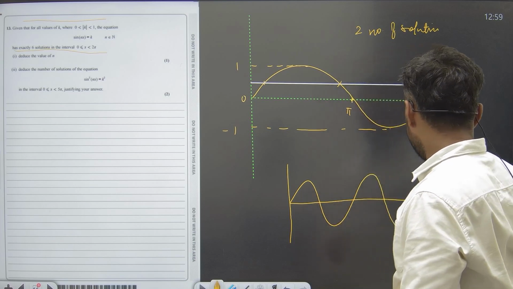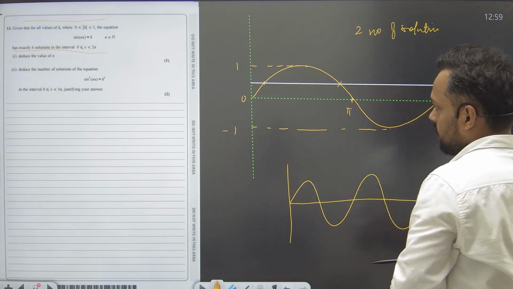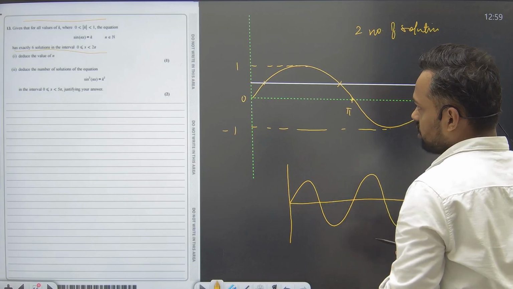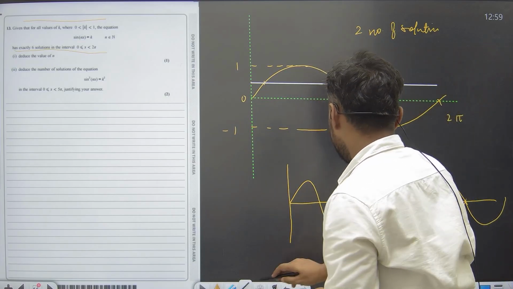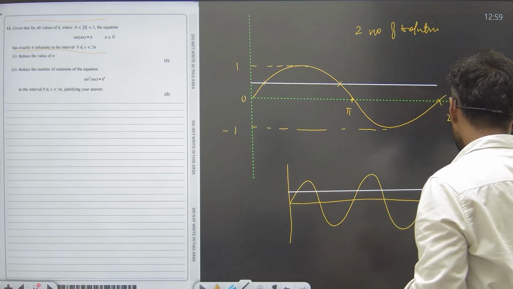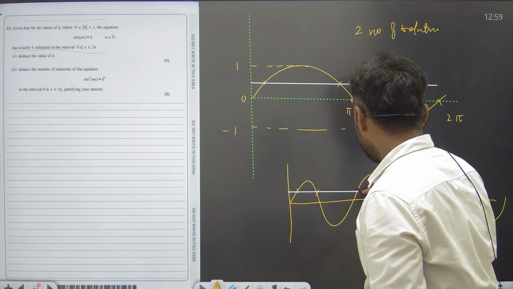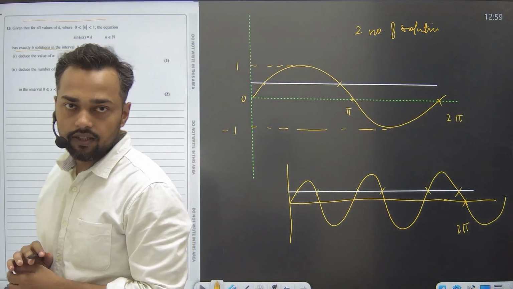It must intersect the line we are talking about at 6 points, then only it is possible. You can see here, students: 1, 2, 3, 4, 5 and 6. 6 solutions are possible.